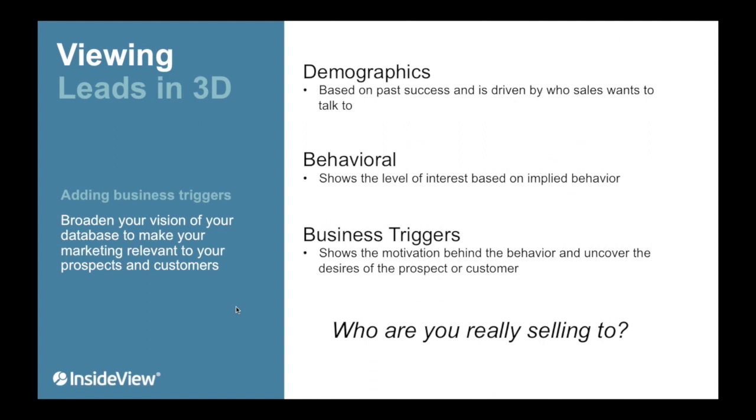The title of the person requesting the information wasn't all that high on their list. InsideView might not necessarily be in their sweet spot because of revenue or size or something like that. So the combination of the behavior and the demographics weren't enough to prioritize a lead high enough for a salesperson to reach out and start that initial sales process.